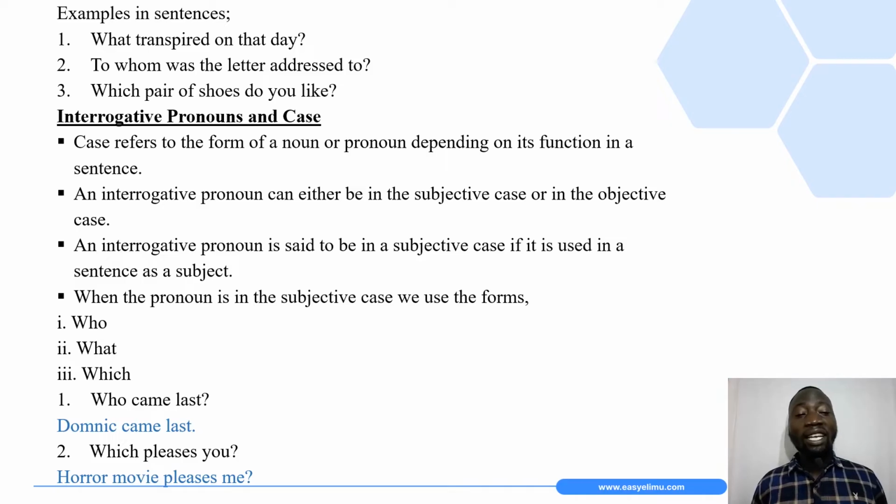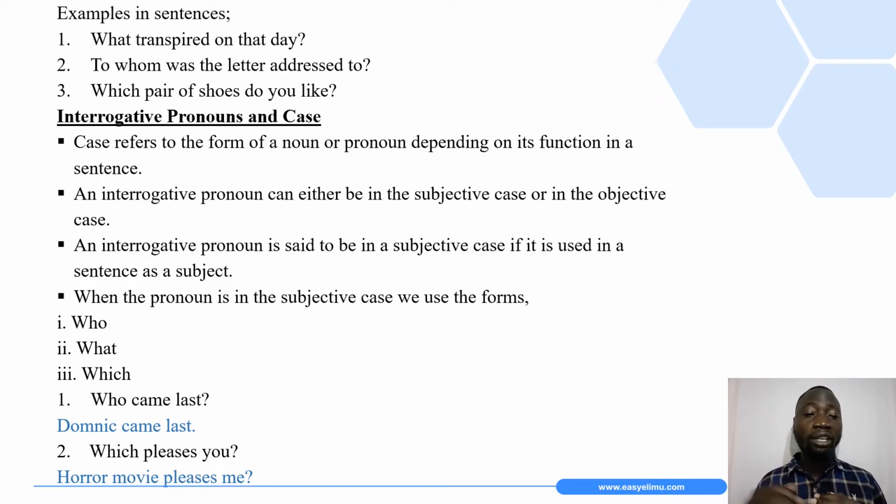On to the next thing, let us move to interrogative pronouns and case. Remember, I started by alerting you that we were to look at interrogative pronouns and later on look at their cases. A case refers to the form of a noun or a pronoun depending on its function in a sentence.